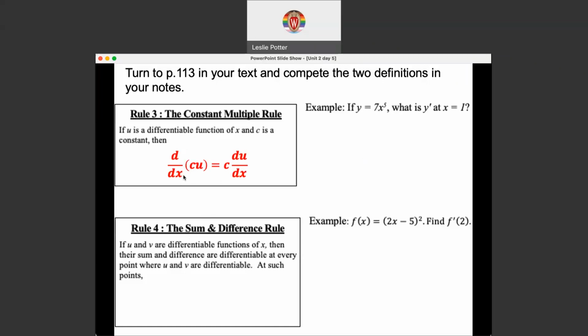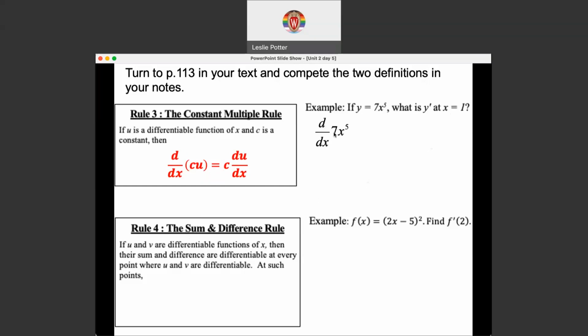In that scenario, we can rewrite the derivative, bringing the constant out front and then taking the derivative of whatever that u polynomial was. So let's try that. Why don't you go ahead and try that with the function y equals 7x to the 5th. Go ahead and find the derivative, and then substitute in 1 so we can find the value of the slope.